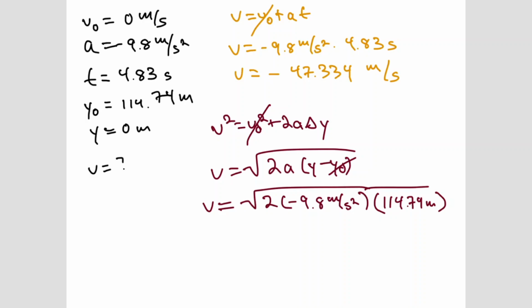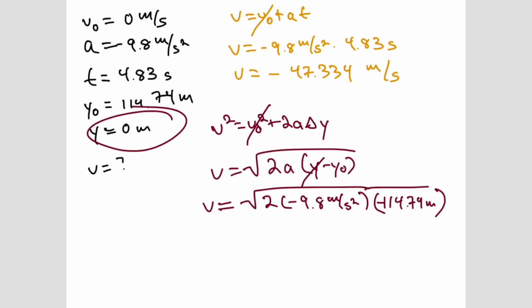On the calculator, this actually gives an issue. Oh, I see where the issue comes from. It's not the y naught term that cancels out, it's the final y that cancels out, because the final height is 0. So this is actually y minus y naught, which means this is actually a negative.